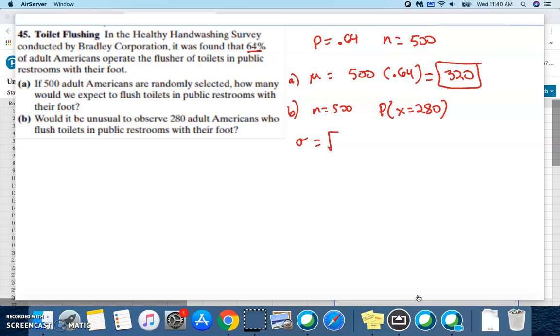If we're a lot of standard deviations away from the mean, then it would be unusual. If we're close, then it would not necessarily be unusual. So the standard deviation is the square root of n times p times 1 minus p, and that is equal to 10.73.